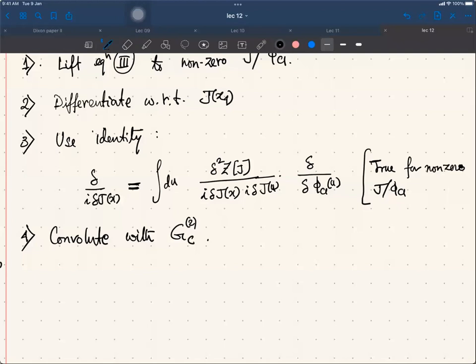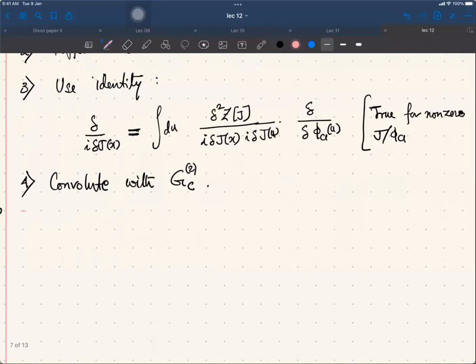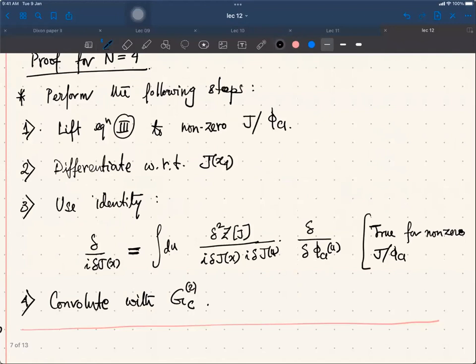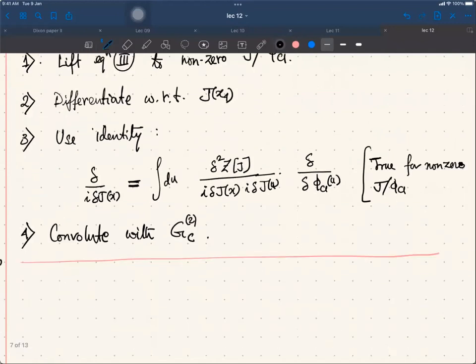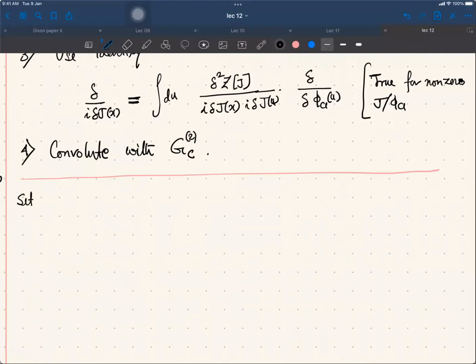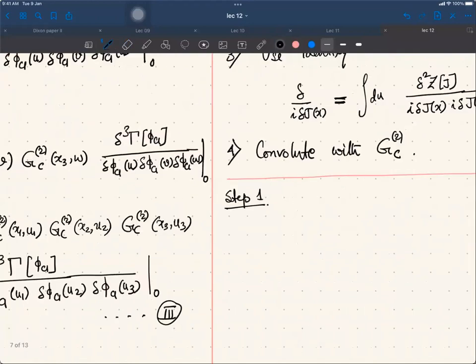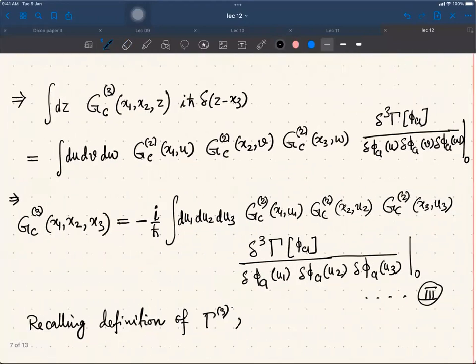Now let me implement these steps. So step 1 is lifting this equation, equation number 3, to non-zero value of j and phi cl. Basically what it means is that this will become third derivative of z with respect to ij at these 3 points.